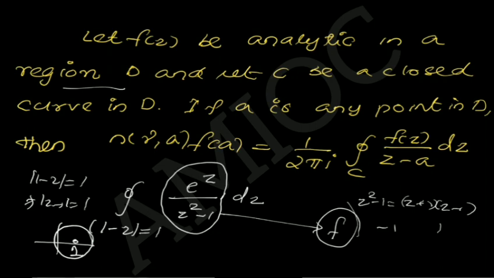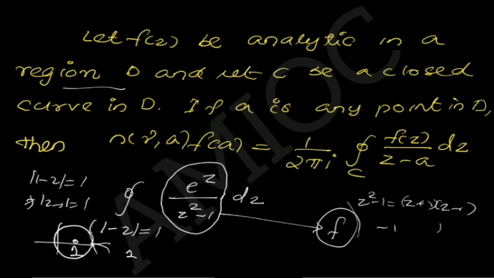The point 1 is included in the circle C given by mod z minus 1 equal to 1, but minus 1 is not included. As 1 is included, the function e raised to z by z square minus 1 is not analytic in the domain D. Therefore, we can treat this as an analytic function and a non-analytic part given by z minus 1.